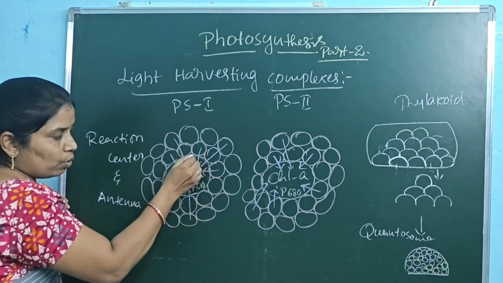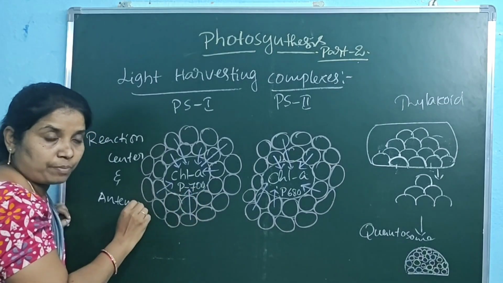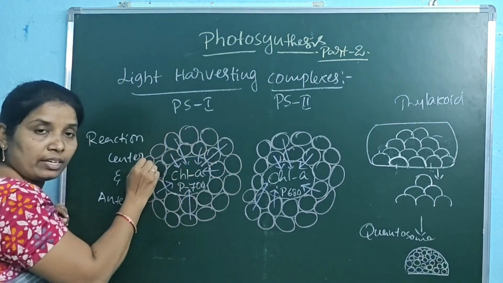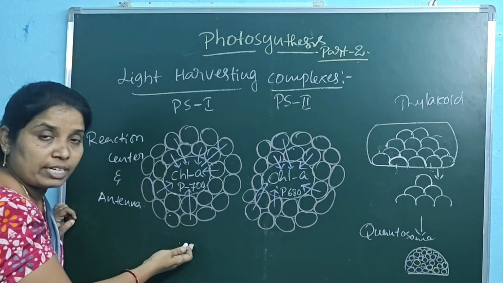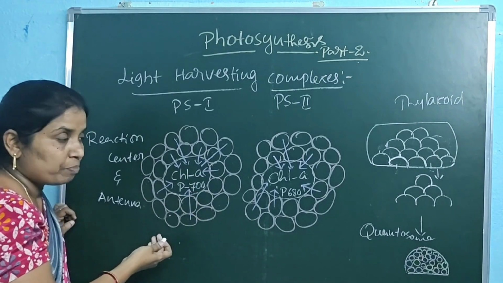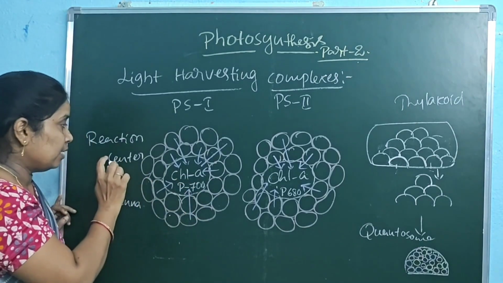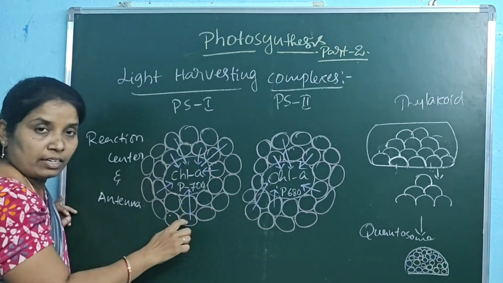In the middle, chlorophyll A is present. That is called the reaction center. The reaction center is surrounded by so many pigment molecules: chlorophylls, xanthophylls, carotenoids. They surround the central chlorophyll A pigment. The central chlorophyll A pigment is the reaction center, and these are the antenna.